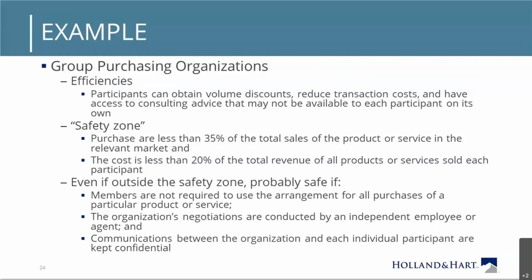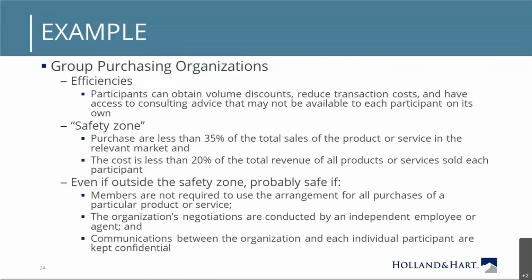Now, let's say you're part of a group purchasing organization, you're looking at these percentages and you're thinking, gosh, we may be outside of those. Are we violating antitrust laws? Well, maybe not, probably not, as long as you're being reasonable with it. And by that, I mean, look at these factors.